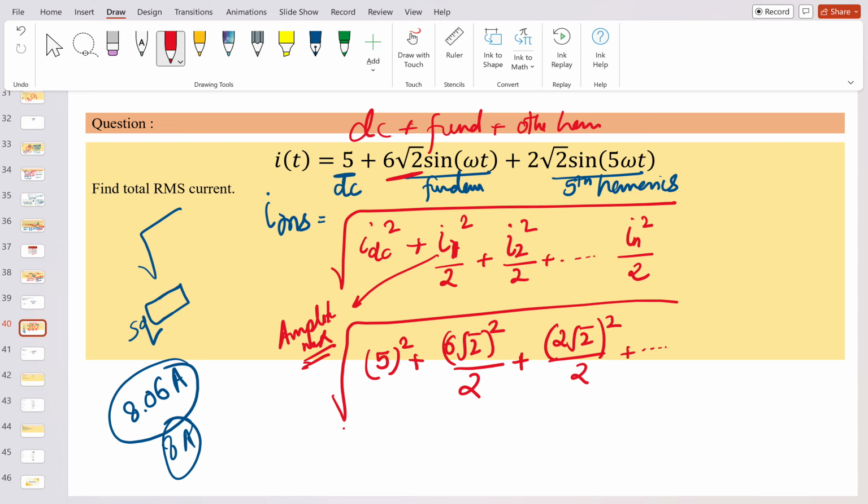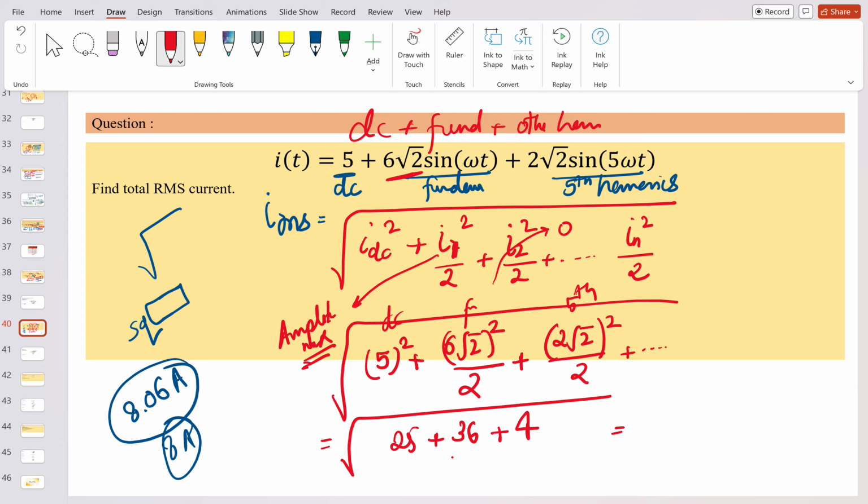So what will it come out to be? The second component is already 0, so we have taken the DC, then the fundamental, then the fifth. It will come out to be 25 plus 36 plus 4, that is 65, sorry, so it will be nearly 8 times.